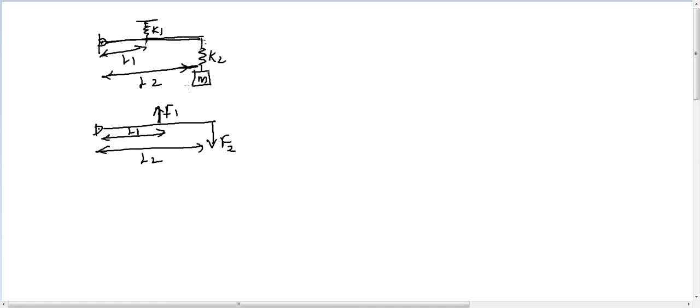So from the equilibrium of moments we can write that F1 L1 must be equal to F2 L2. This force into distance must be equal to this force into this distance. So F1 is nothing but F2 into L2 by L1.